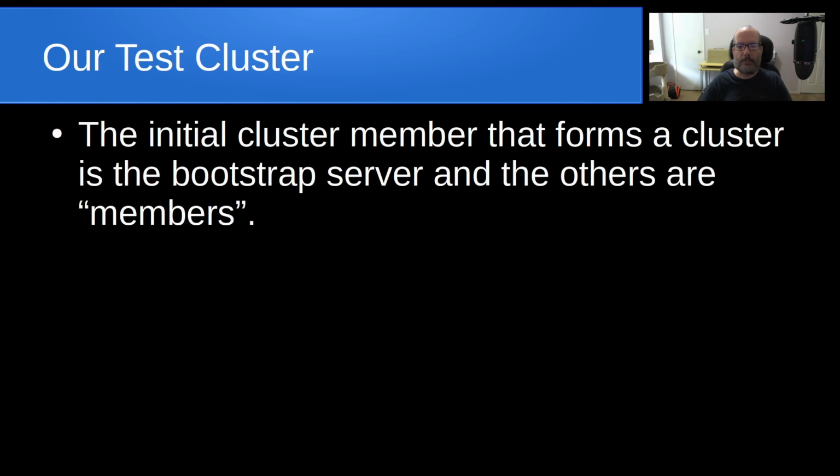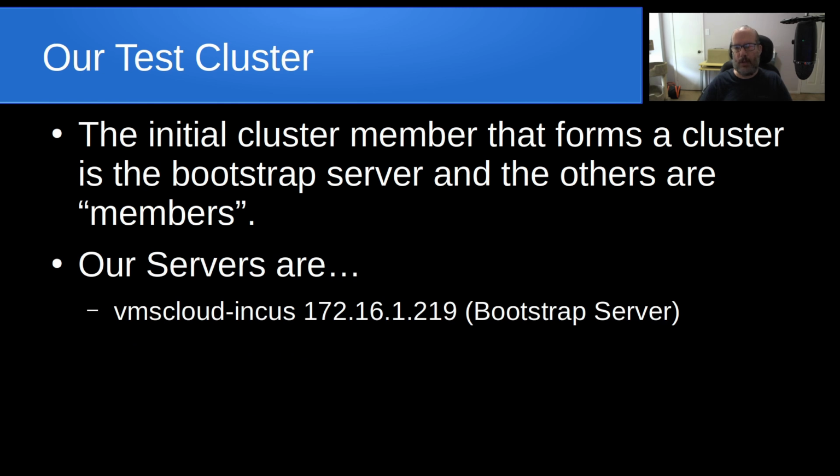So I'm going to set up a test cluster. The initial cluster member that forms a cluster is referred to as the bootstrap server, and the others are indicated as member servers. Our servers are going to be, first of all, VMS Cloud-Incus, and there's its IP address.